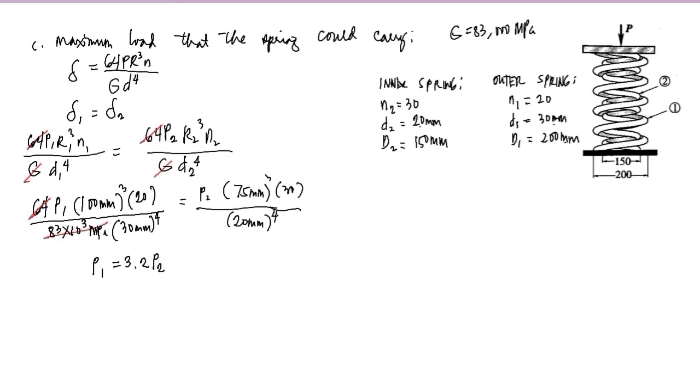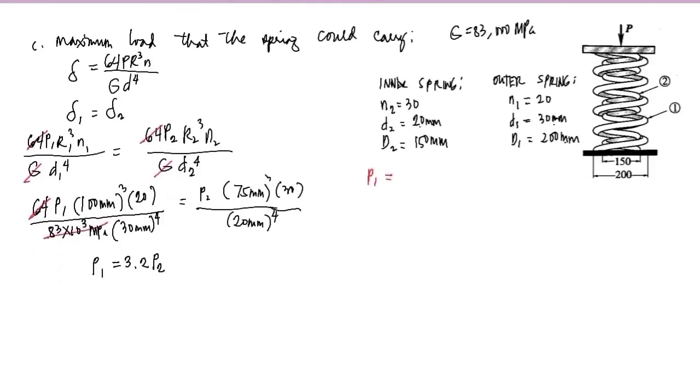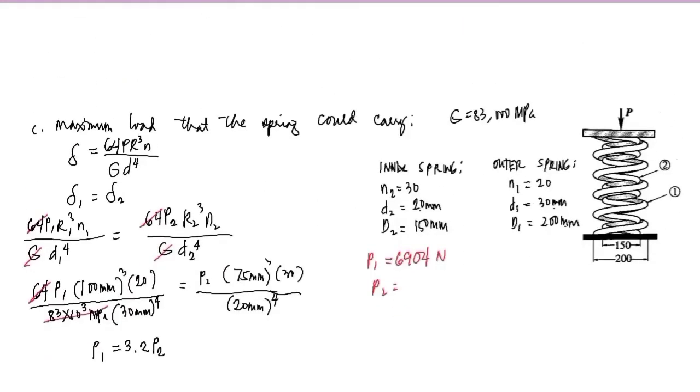From the previous solution, P1 is equal to 6,904 Newton, and P2 is equal to 2,749.